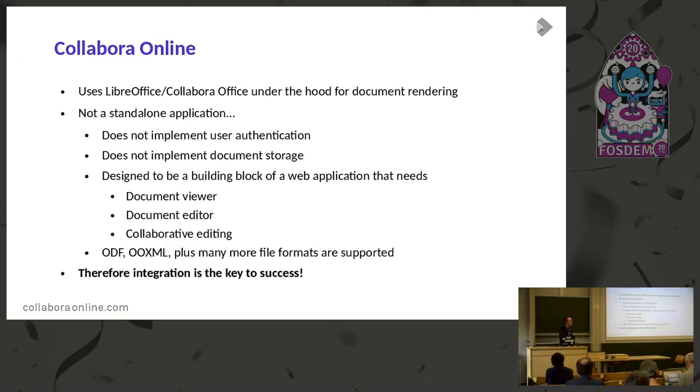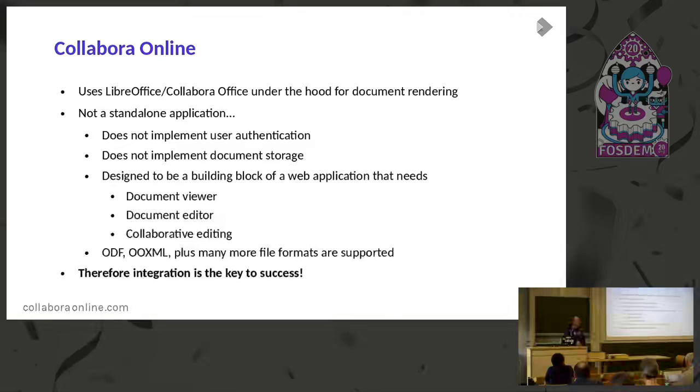Because not only do we have very rich support for different document formats, LibreOffice is thought to handle 100 different document formats, but it can render very complex documents as well. And you get this in the online version at no cost.